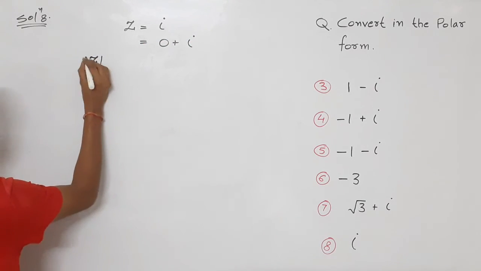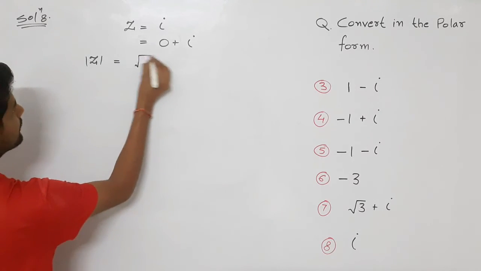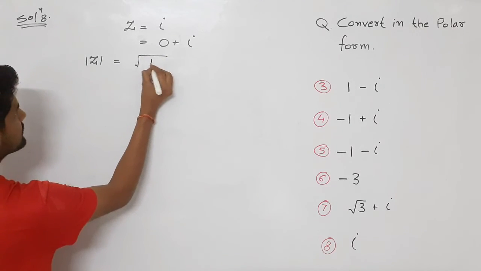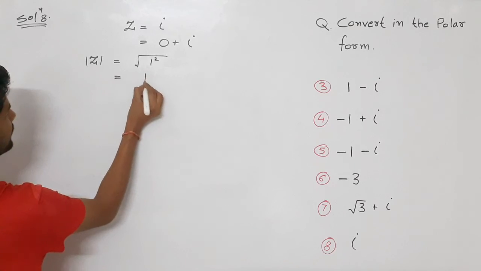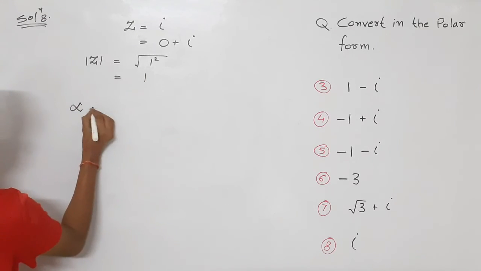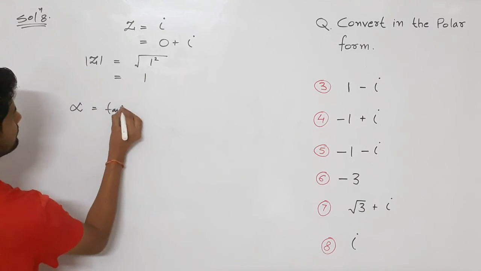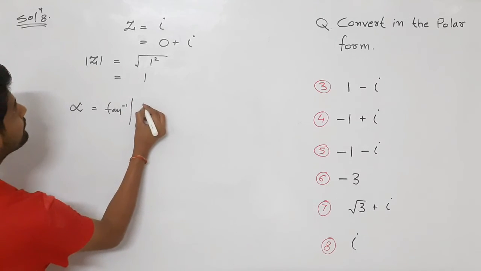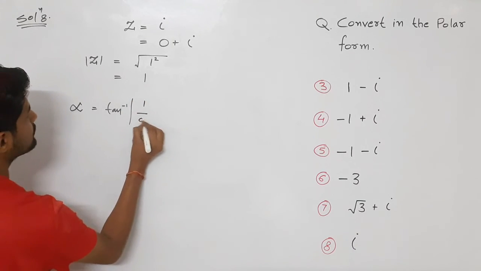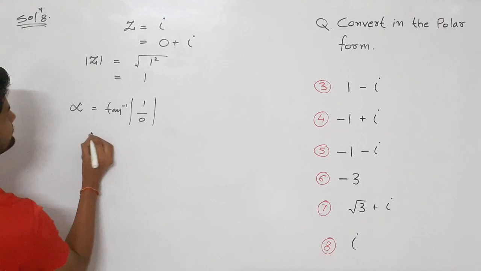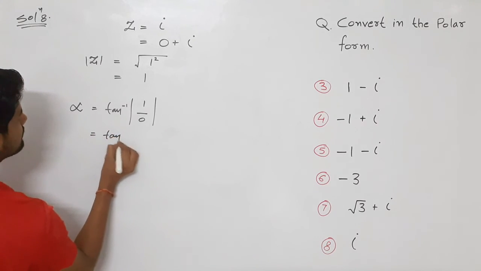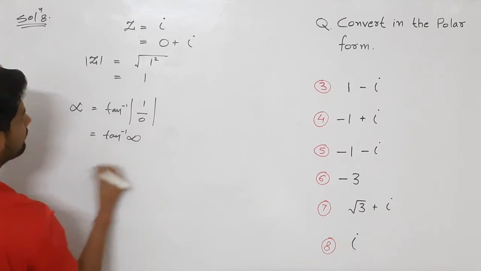Mod of this complex number will be under root 0 square plus 1 square, which is 1, and alpha will be tan inverse 1 upon 0, right, which is equal to tan inverse infinite.